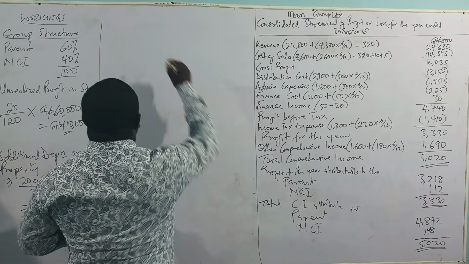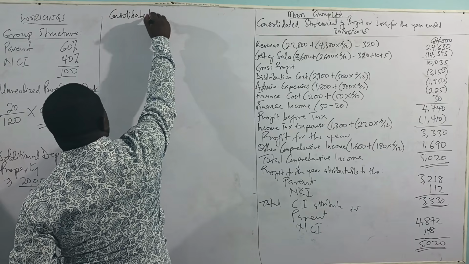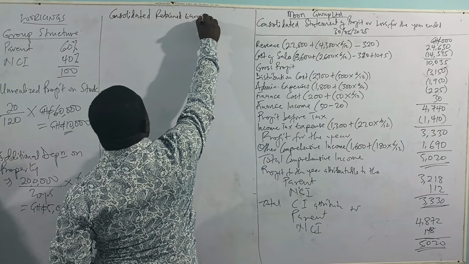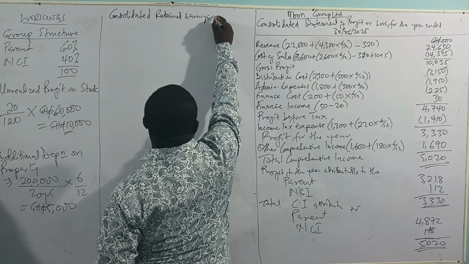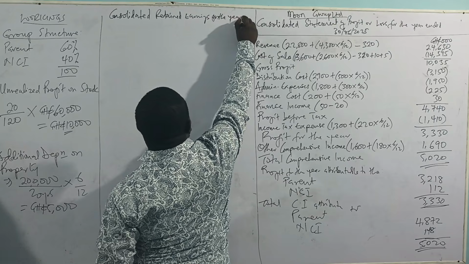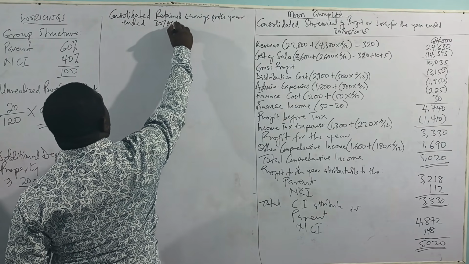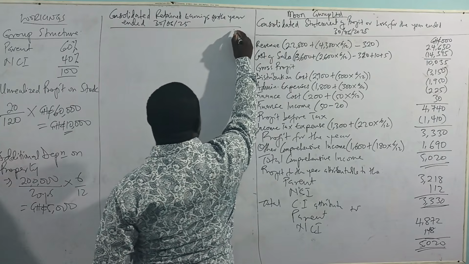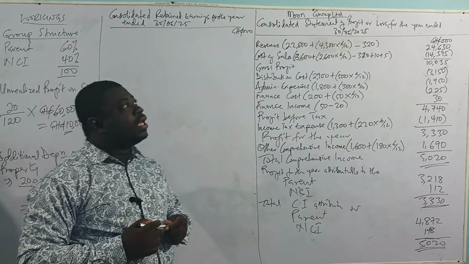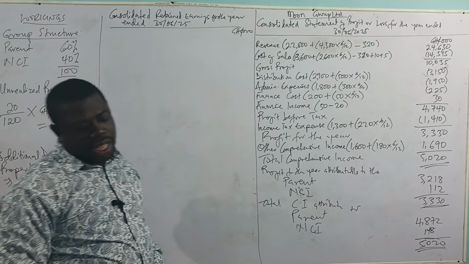So we have consolidated retained earnings or income surplus for the year ended 30th June 2025. So we'll begin with, we are looking at the consolidated retained earnings, okay, as well.